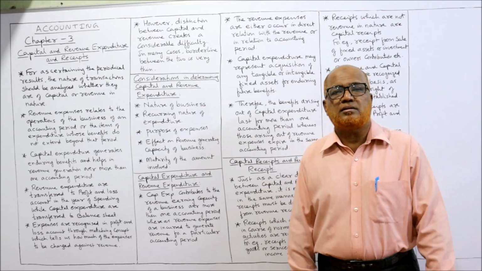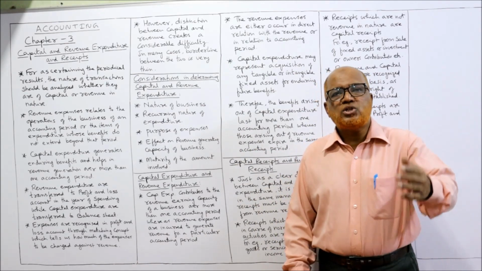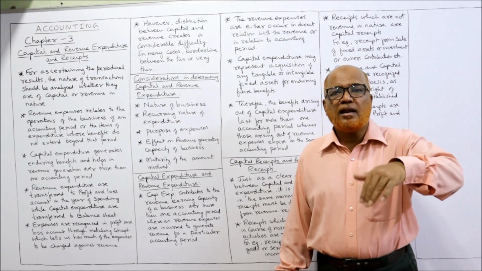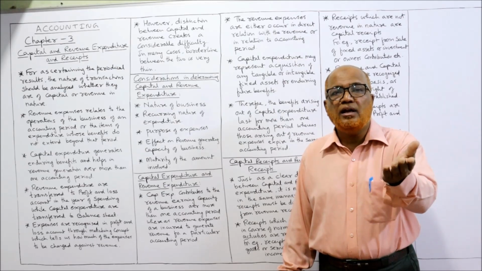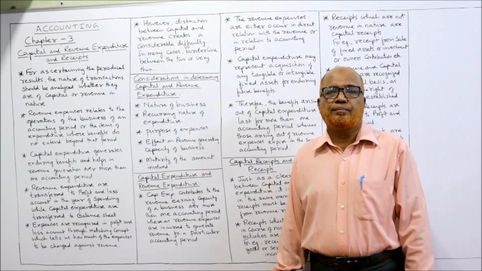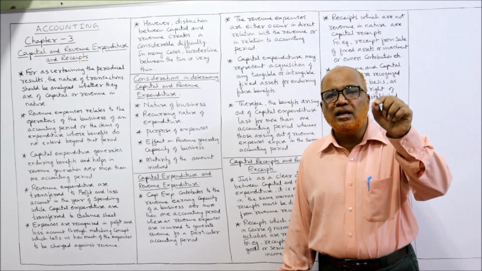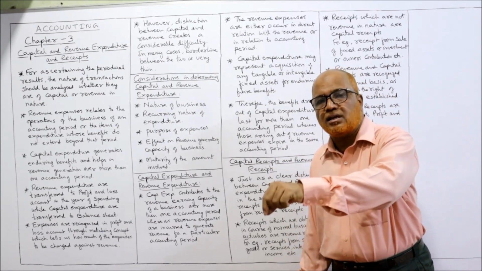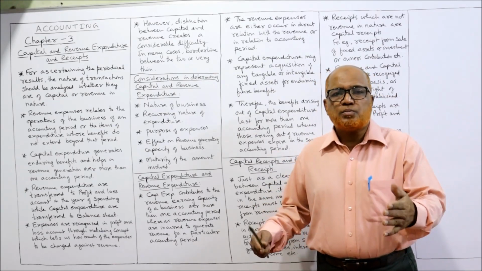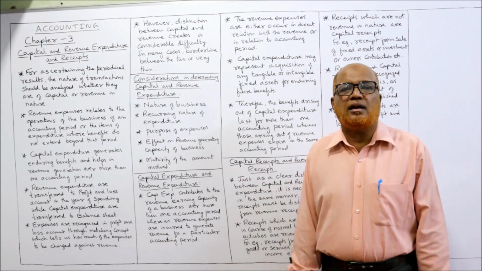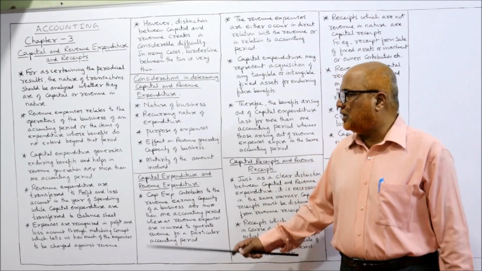It will be maintained. Whereas purchasing an asset, incurring capital expenditure, will increase the earning capacity. So any expenditure that increases the earning capacity is a capital expenditure. Any expenditure that maintains the earning capacity is a revenue expenditure.